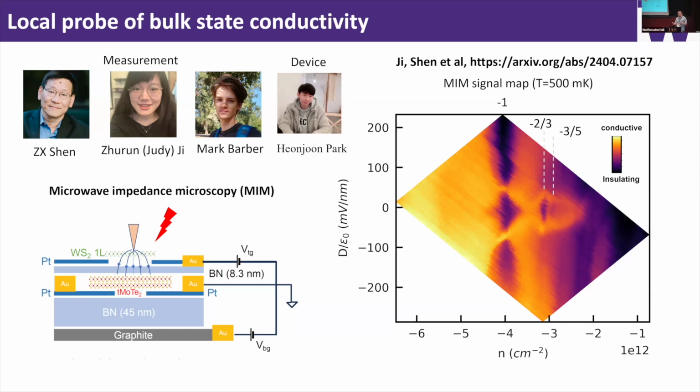These are consistent with the phase diagram I showed in the transport, because these three states are fractional Chern insulator states. What it means is the bulk is insulating and only the edge is conducting. What these measurements do is exactly measure the bulk conductivity, and they show that whenever there's an FCI state, the bulk is insulating.